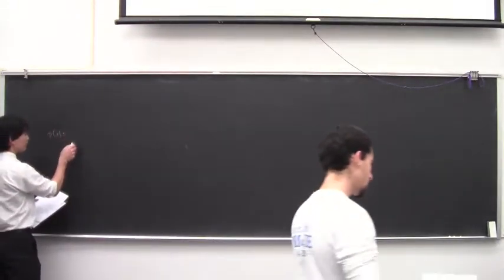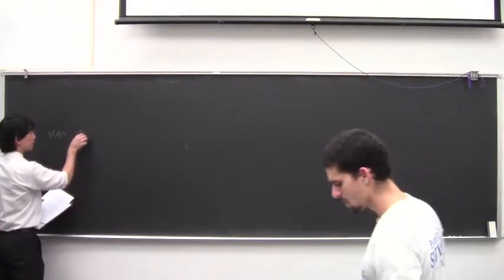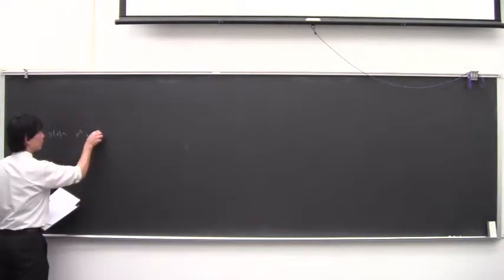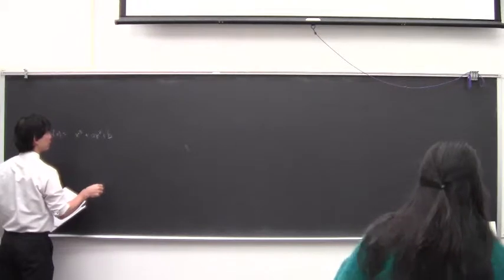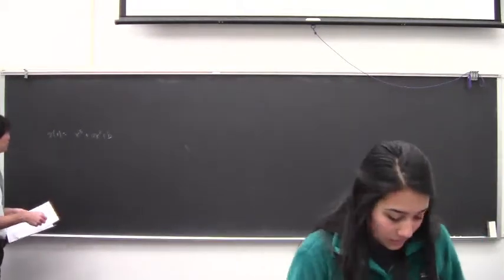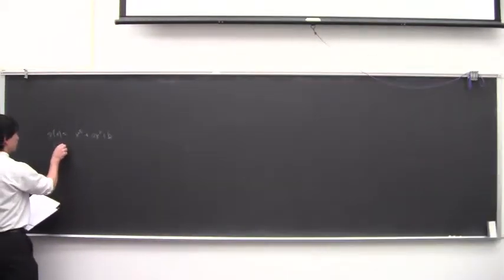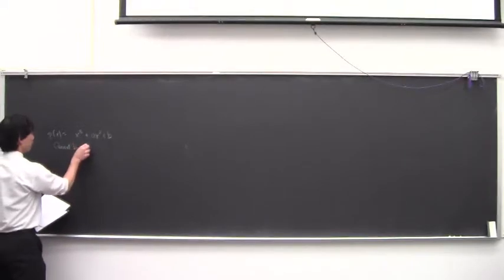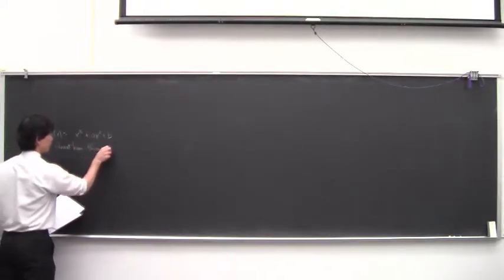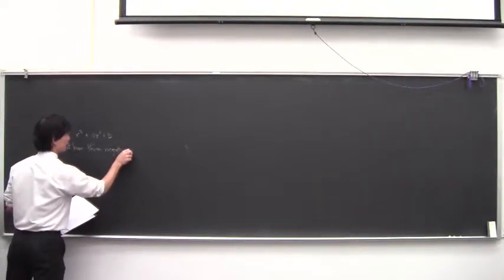Run this by me again. P of x equals x cubed plus ax squared plus b, and you need to show that it cannot have three negative roots.